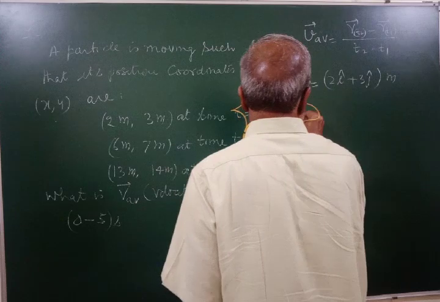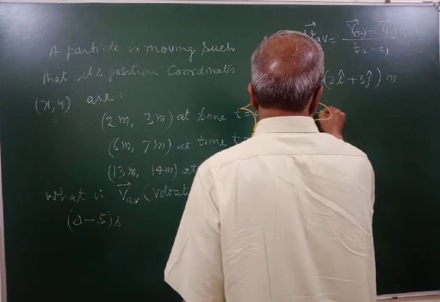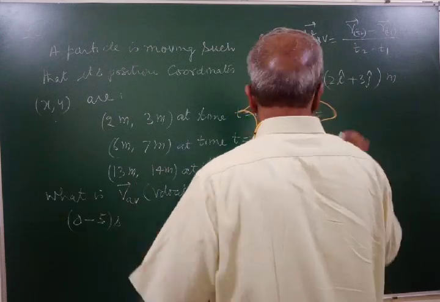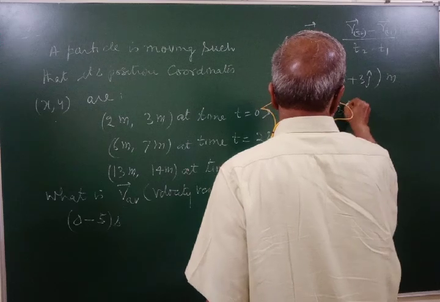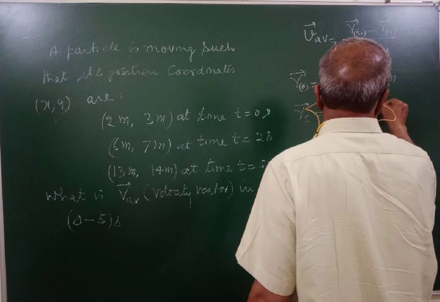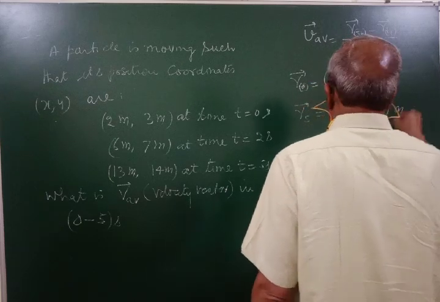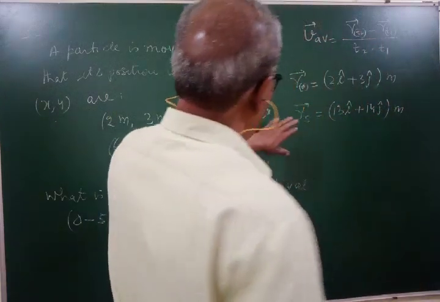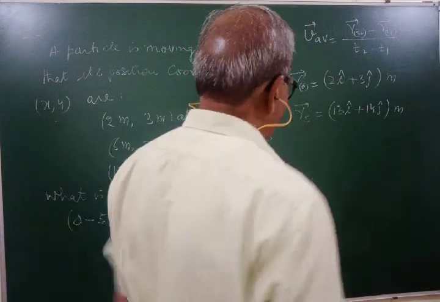And r5 is equal to 13i cap plus 14j cap meter. The position has changed from r0 to r5.